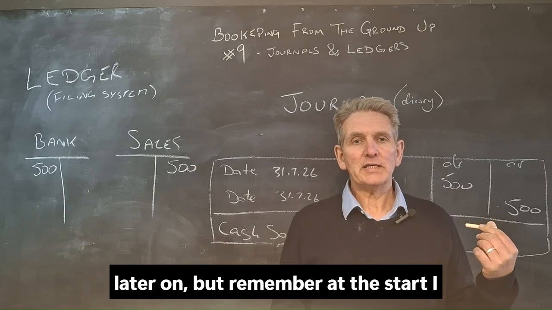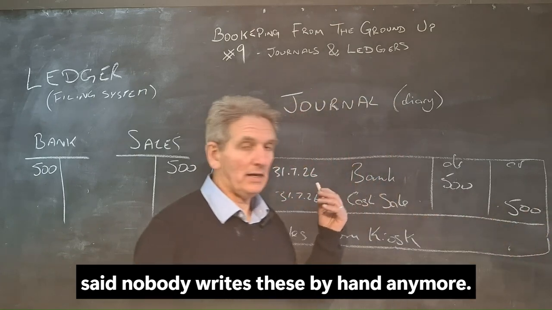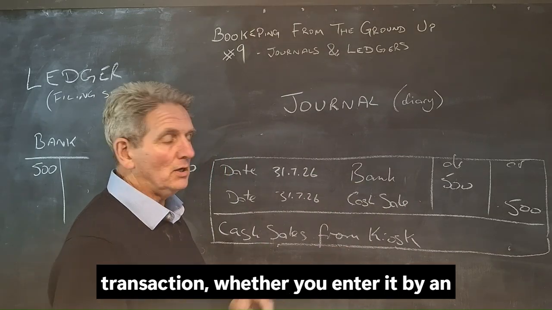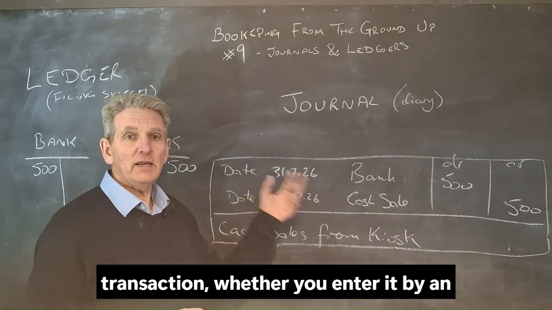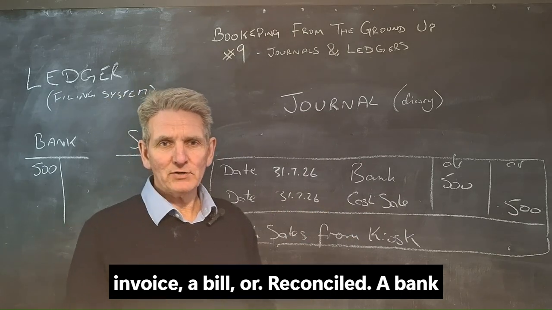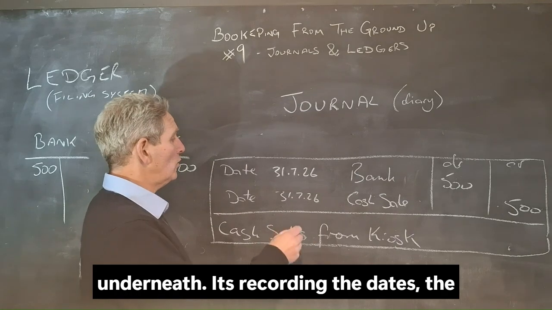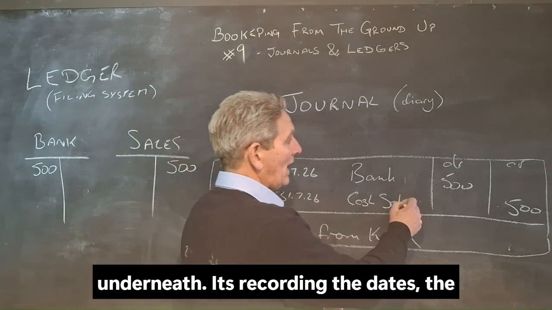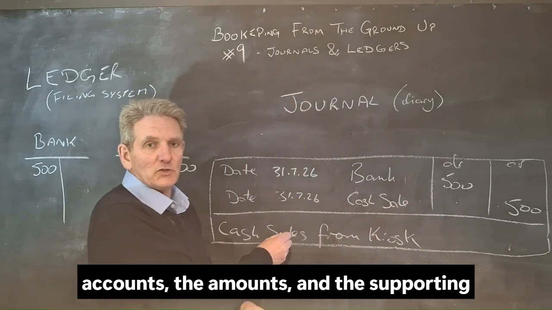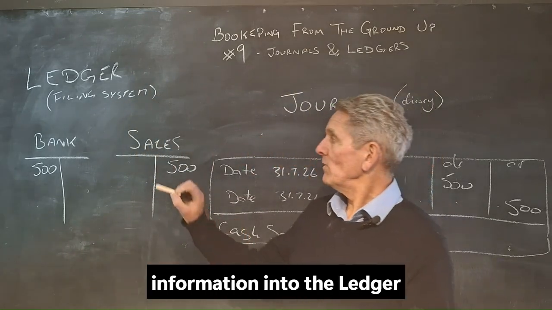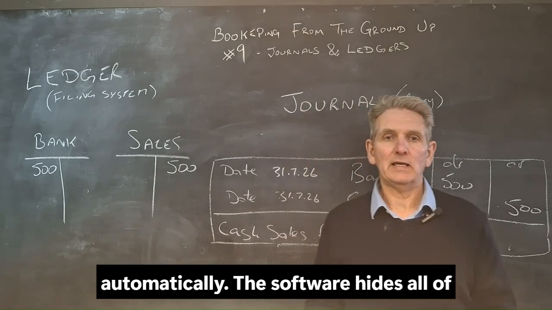But remember at the start I said nobody writes these by hand anymore. Xero does it. Every time you code a transaction, whether you enter it by an invoice, a bill, or you reconcile a bank transaction, Xero is creating journal entries underneath. It's recording the dates, the accounts, the amounts, and the supporting information. And it then posts that information into the ledger automatically.